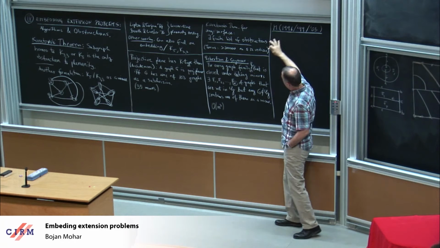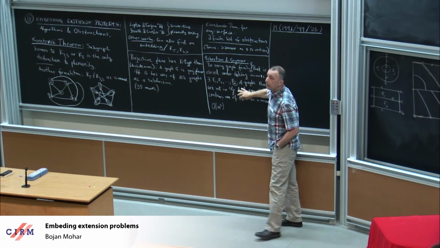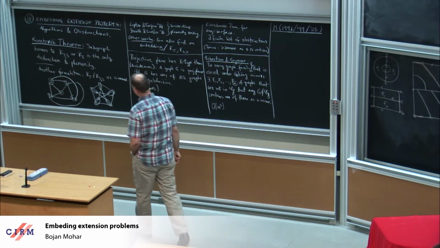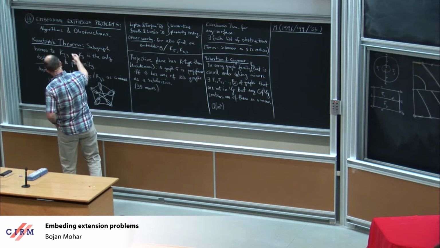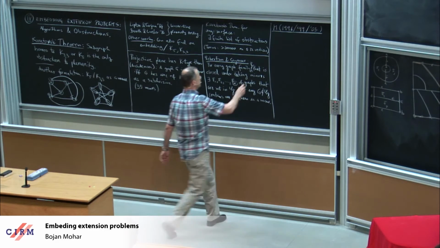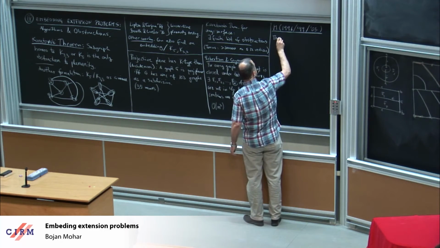I found a more satisfying proof of embeddability results for surfaces. So it's a Kuratowski theorem, and the basic result, let me just state it. So it's the following theorem.